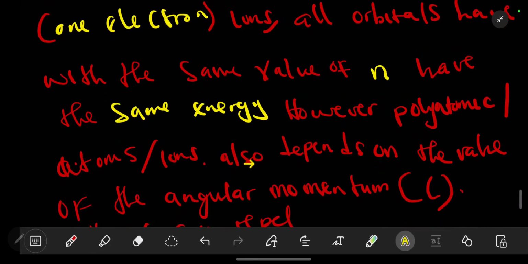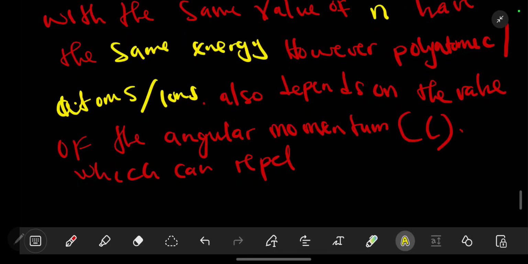However, polyatomic atoms or ions, those that have many electrons in the shell, also depend on the angular momentum quantum number, which is more like we are referring to the shape. All this is going to make more sense as we go on, which can repel.